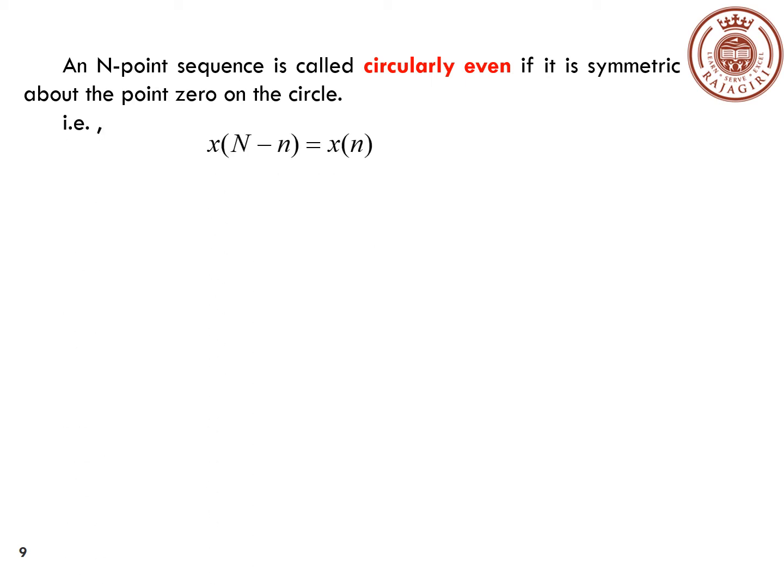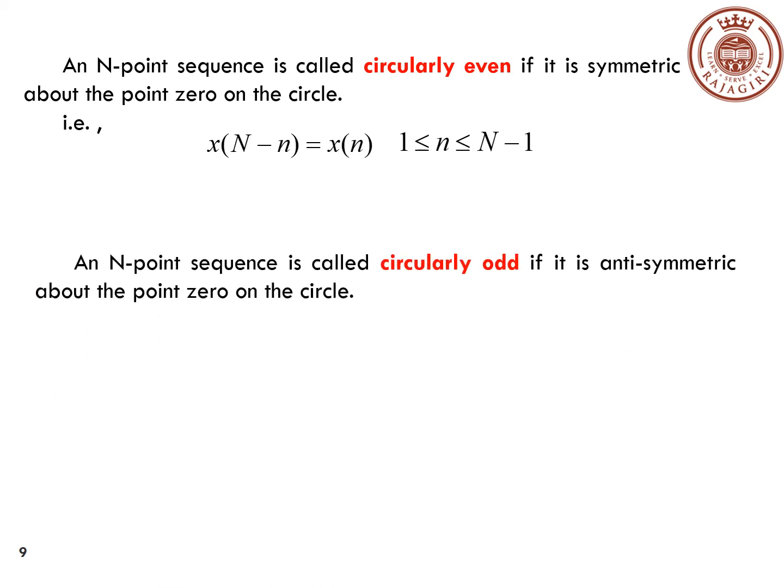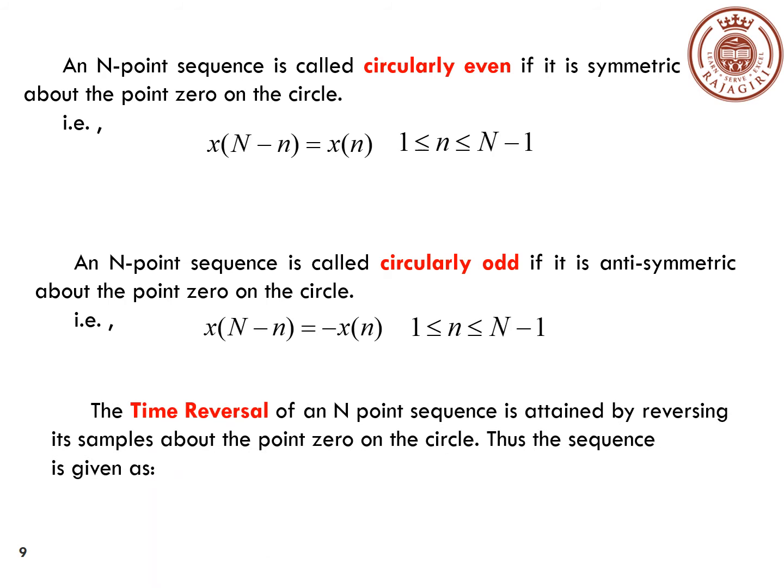So if you want to say the same as an equation, if x of N minus n is equal to x of n, then we call it circularly even, for values of small n ranging between 1 and capital N minus 1. The N-point sequence is called circularly odd if it is antisymmetric about the point 0 on the circle. Okay. So I can write it as x of N minus n is equal to minus x of n.